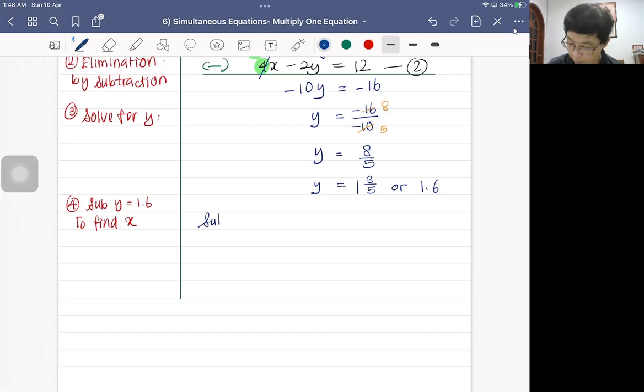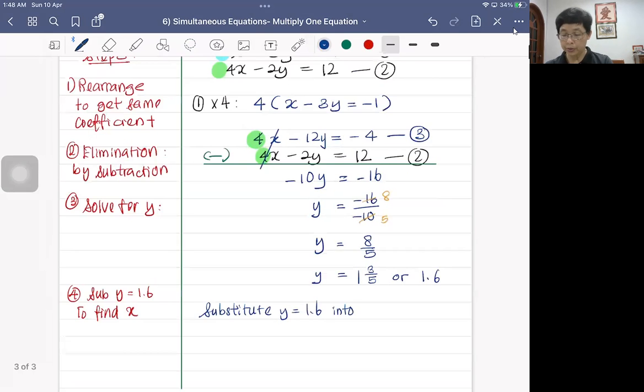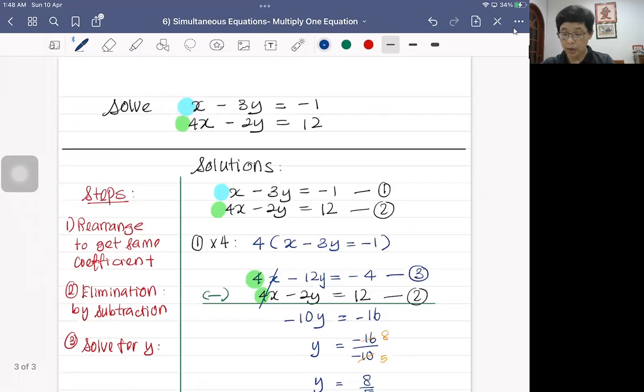You're going to say substitute y equals to 1.6. I'm going to pick the decimal form into any one of your choice. Okay, so you can take the equation 1, you can take equation 2. For me, I'm going to take the easy one. I'm going to take equation 1.